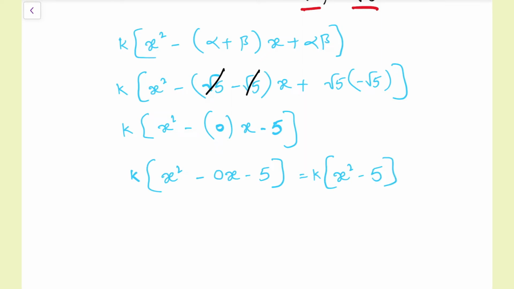If you have a denominator, like x square minus 5 by something, that value you need to take in the place of k, so that the denominator gets cancelled. But in this case we don't have any denominator, so take k equals 1. If we substitute 1 and multiply, nothing will change. So our required polynomial will be x square minus 5.